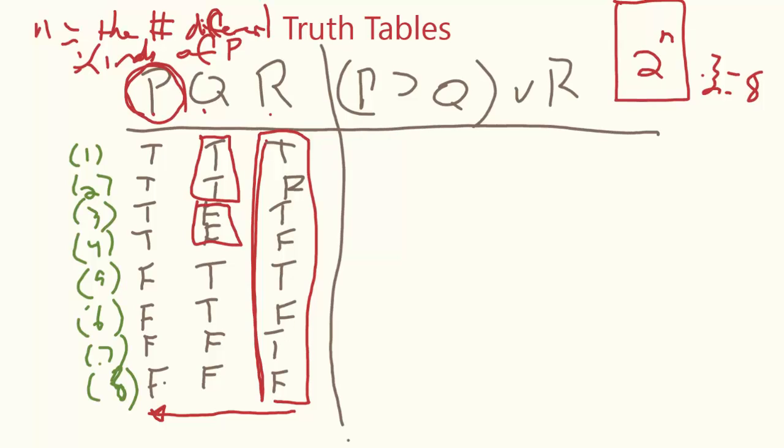All right, so let's use this truth table and use this reference column to figure out the truth conditions for the proposition that we're concerned with, the compound proposition that we're concerned with. So the first thing that we need to do here is figure out what our main operator is.